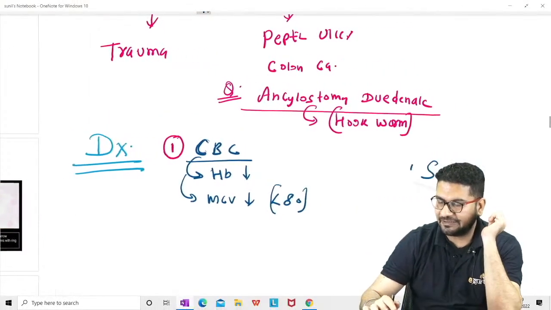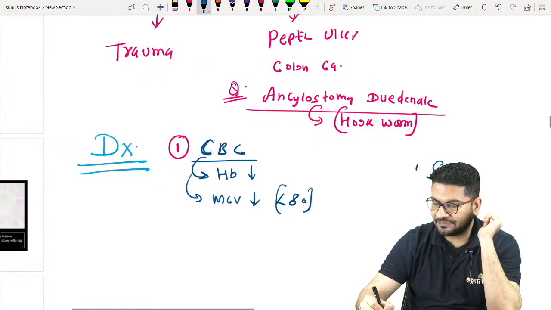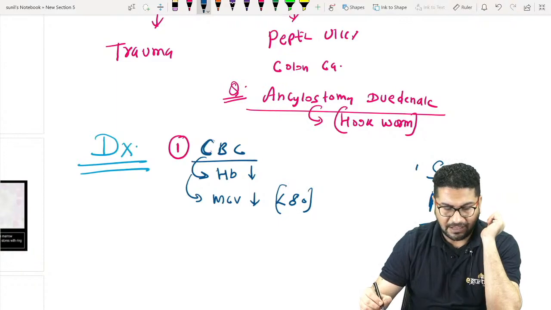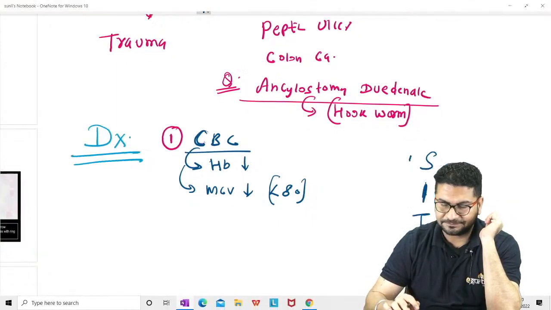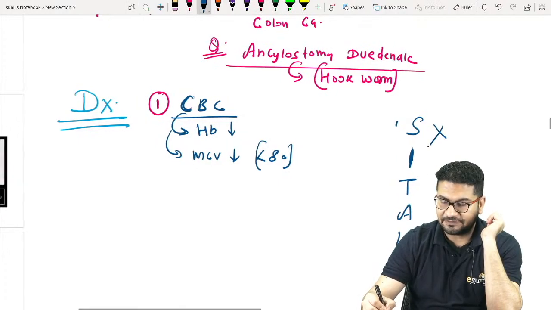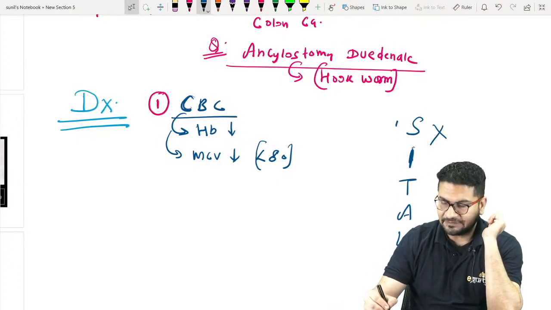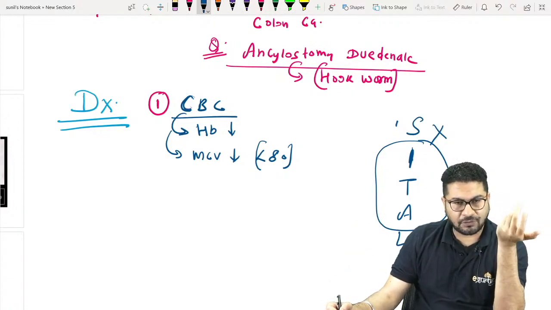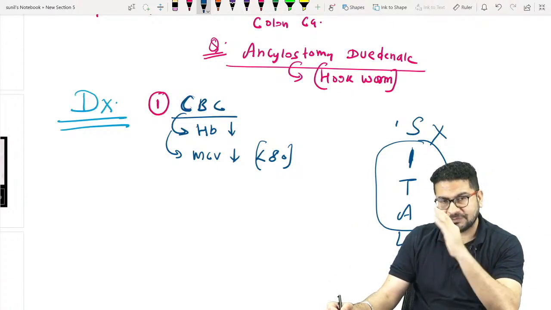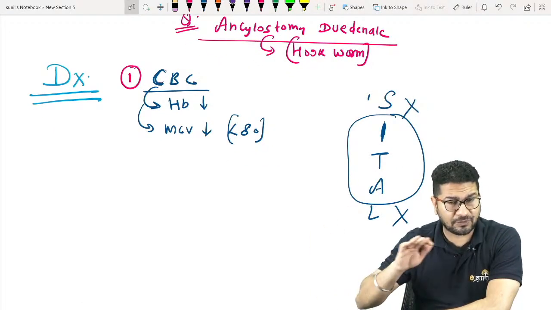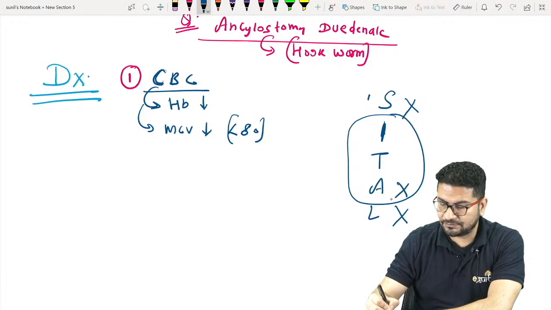I told you, SITAL: sideroblastic anemia, iron deficiency, thalassemia, anemia of chronic disease and lead poisoning. See, lead poisoning is rare, sideroblastic is rare. These three are common. Anemia of chronic disease, this patient will have a history of some disease like rheumatoid arthritis, SLE, some chronic inflammation. So that is ruled out.